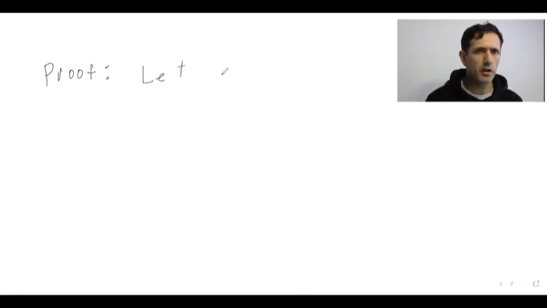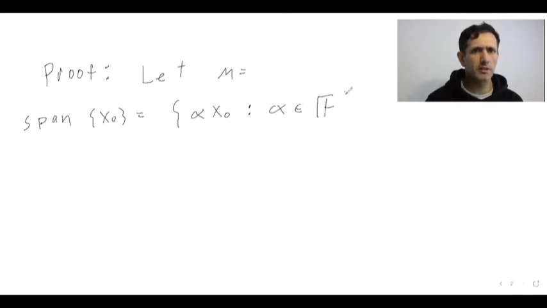Let's first cook up a useful vector subspace, M, and that's just going to be the span of x0, which is just obviously all alpha x0, such that alpha is real or complex, depending on what field we're dealing with.